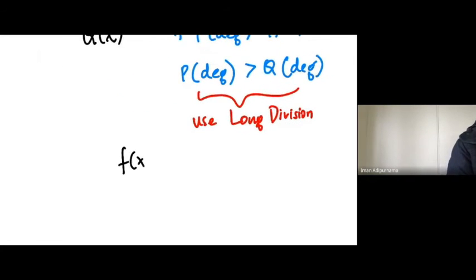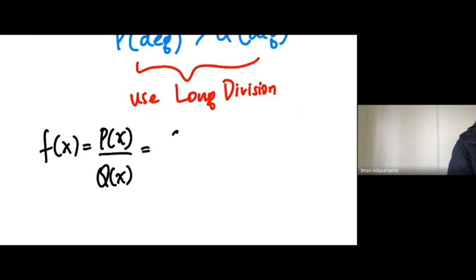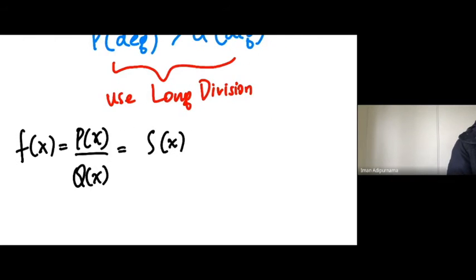So your f(x), let me write the p(x) over q(x), becomes the quotient plus the remainder.